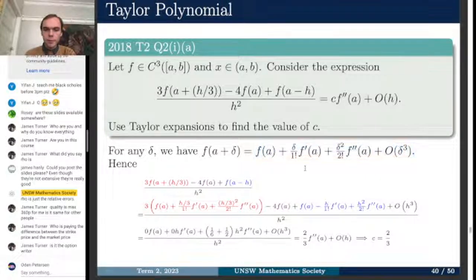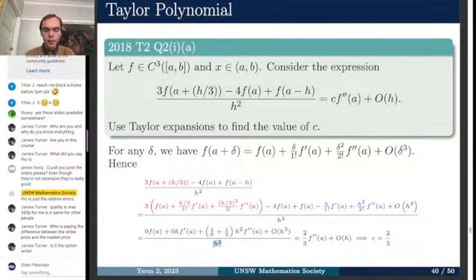So if we use this formula and plug it in with varying values for delta, and crunch the algebra, it turns out the f of a and f prime of a terms will just have coefficients of 0. And so in the numerator we just end up with a term in terms of f double prime, the second derivative, and like we wanted, this cubic error term.